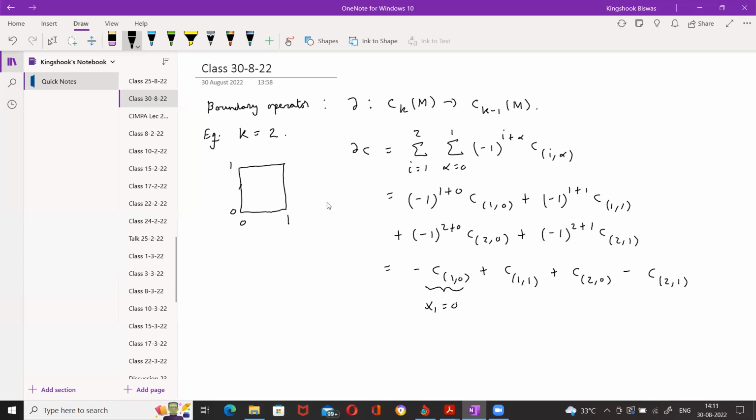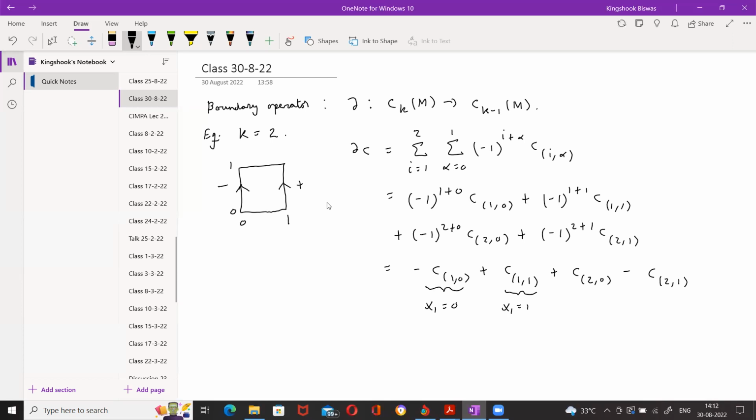X2 will go from 0 to 1. I'm going to go up this side, but this comes with a minus sign. So I'll get minus of this side. And then I have C11. So that means X1 equal to 1. So that's this side, and this side comes with a plus sign.